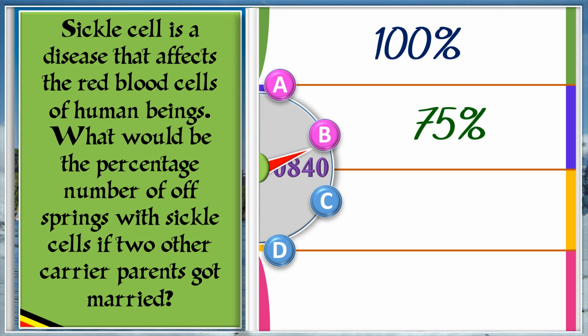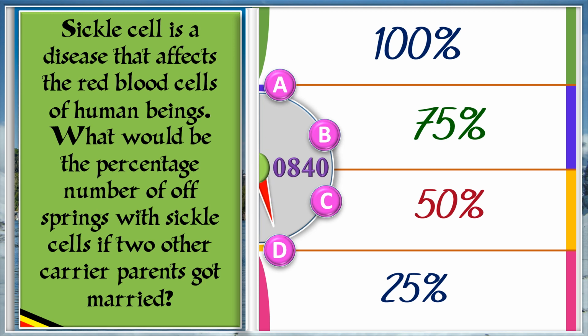B. 75%. C. 50%. D. 25%. And the answer is D. 25%.